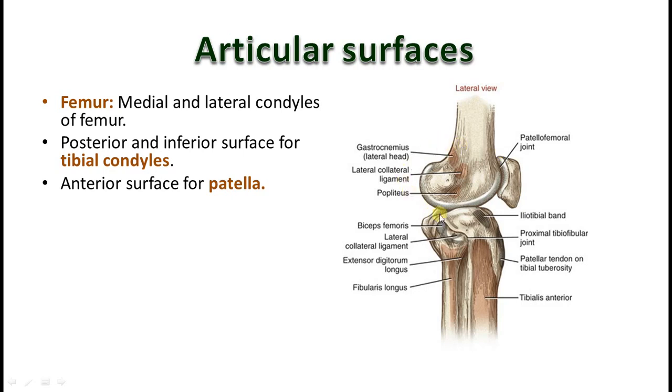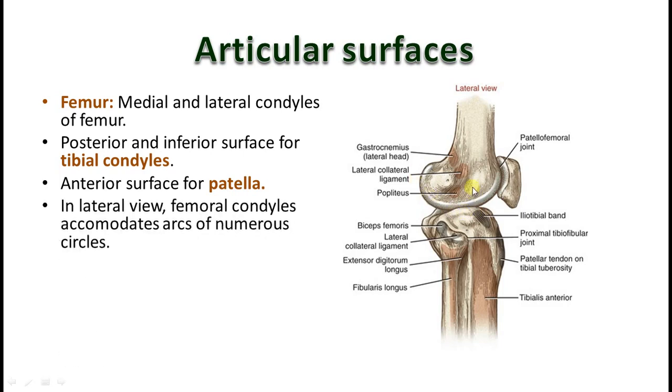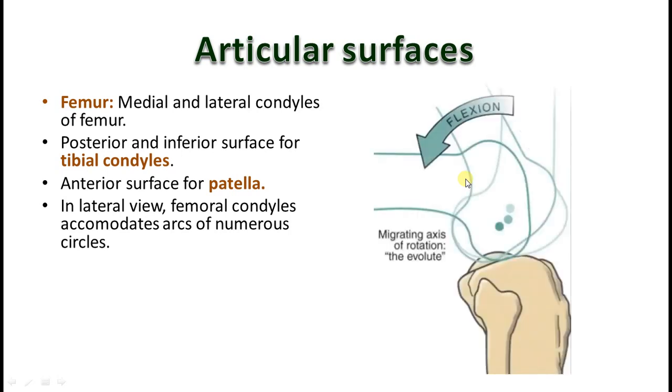If you look at the articulating surface laterally, you are able to see that the lateral profile projects convexly downwards, and this convexity is more pronounced inferiorly and posteriorly. If you look at the lateral condyle, it accommodates the arcs of numerous circles.